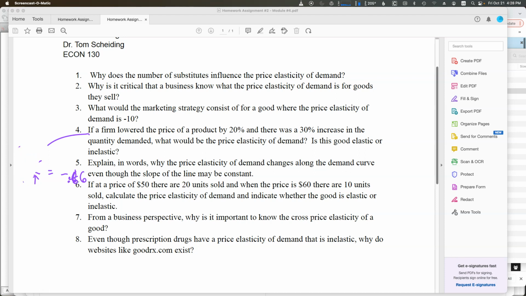Let's erase this here. Sorry, I wasn't looking at it closely enough. I lowered the price by 20%, and I increased the quantity by 30%. So my elasticity of demand would be negative 1.5. This would be slightly elastic. In absolute value terms, it's greater than 1, slightly. So this would be an elastic good.